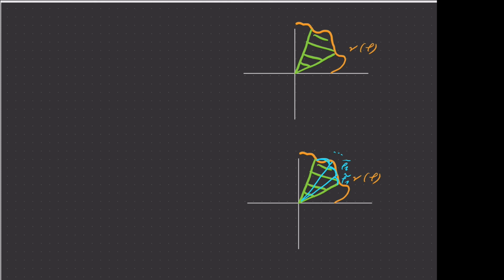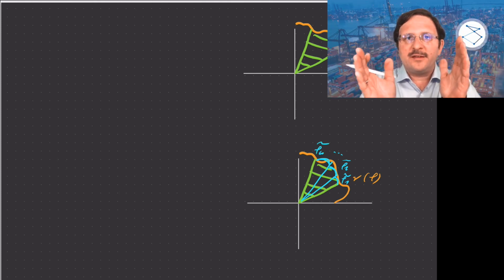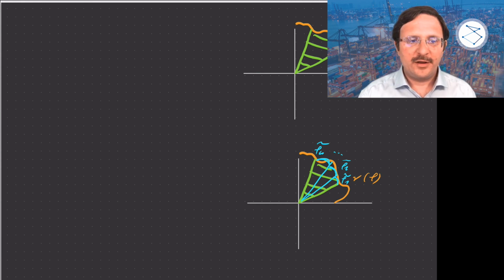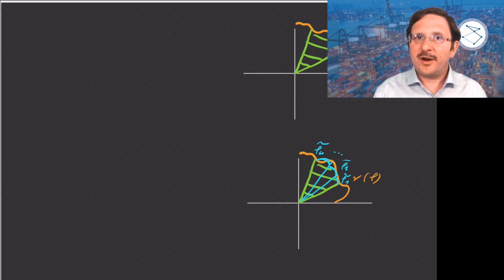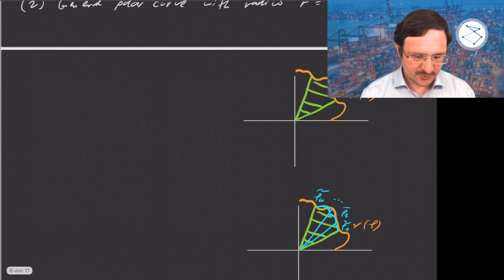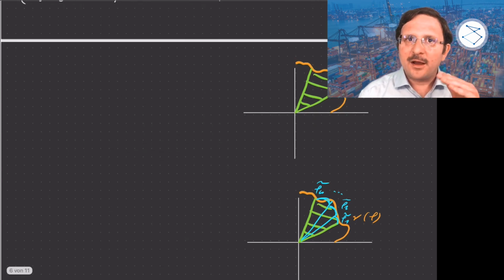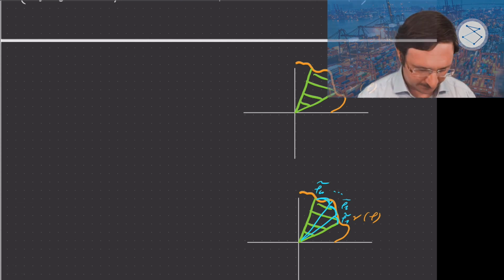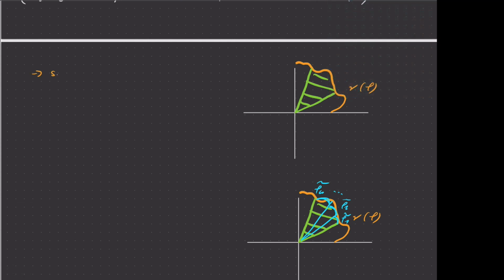The last one we'll just call phi n tilde, and of course we make this subdivision finer and finer until we are able to compute a limit here. So the idea is to use a subdivision of the angle interval, plus we do an approximation of each sector by a circular sector.